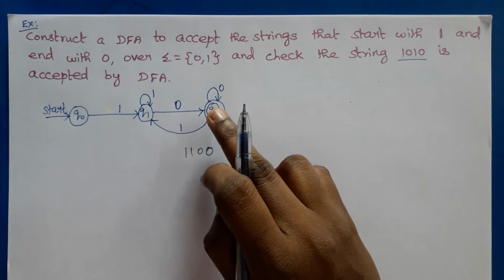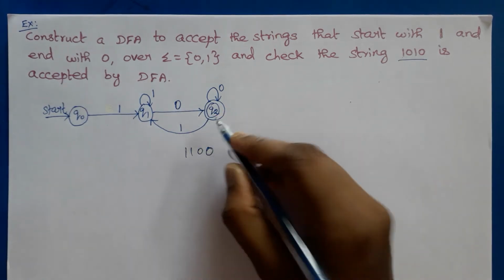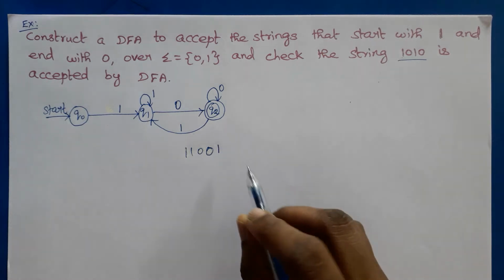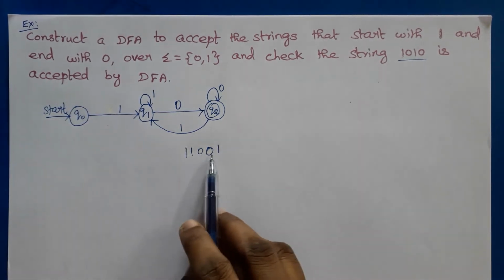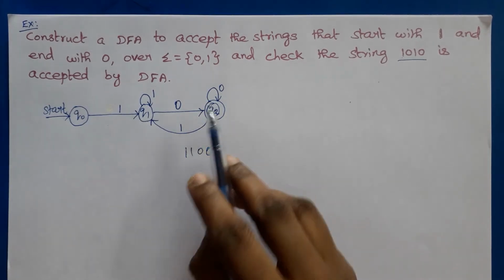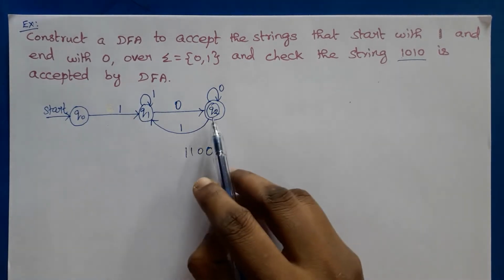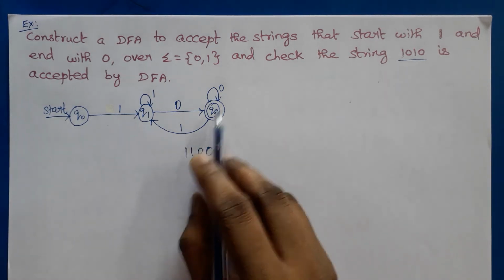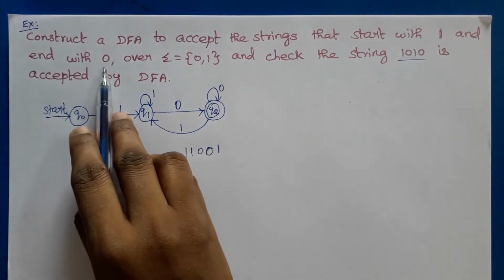But from Q2, 1 is the input symbol. That is, after reading some symbols, 1 is the input symbol. For example, consider 11001. After 1100, 1 is the input symbol, which means again we need to read one more 0 to reach the final state, because all strings should end with 0.